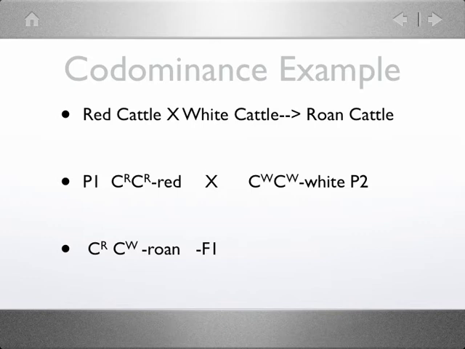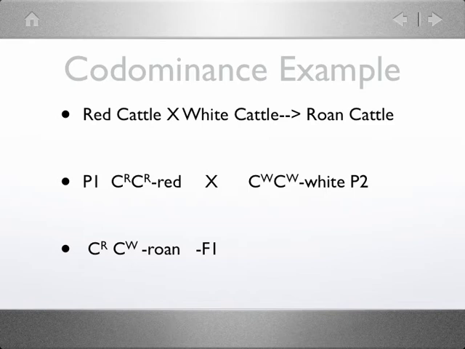In the center, you're creating your purebreds, and then in the F1, you are getting that roan coloration. Now, what we're going to do in some of these problems to avoid the dominant recessive is we are going to use a base letter to represent a location on a particular chromosome, so that we know this is the same gene we're talking about, except now we're going to use two different capital letters to represent the two colorations.